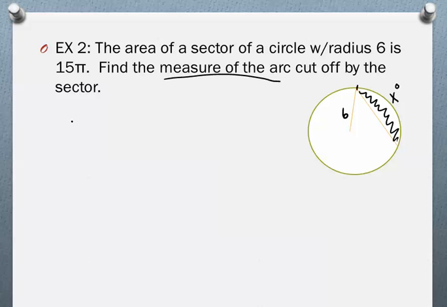Well, we know from our formulas that the area of a sector can also be calculated by the angle measurement over 360 times pi r squared. And we're given that the area is 15 pi, so we'll substitute that in.